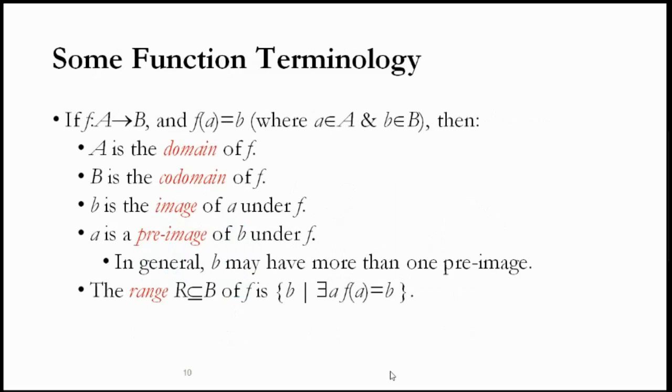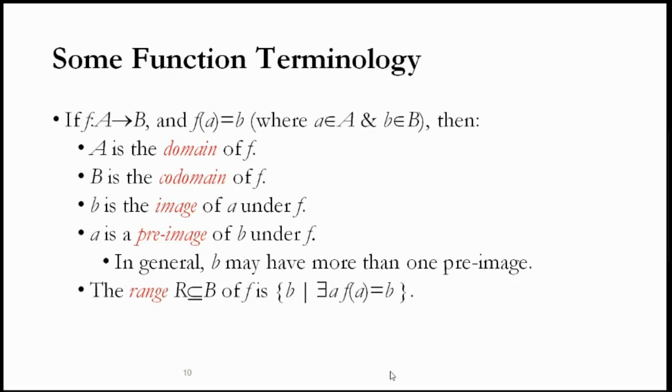Some terminologies in the function. If the function f is from A to B, and f of a is equal to b, where a belongs to capital A and b belongs to capital B, then A is the domain of f.